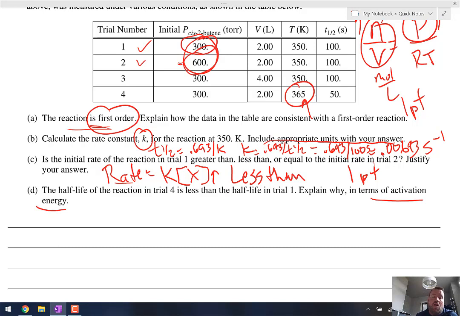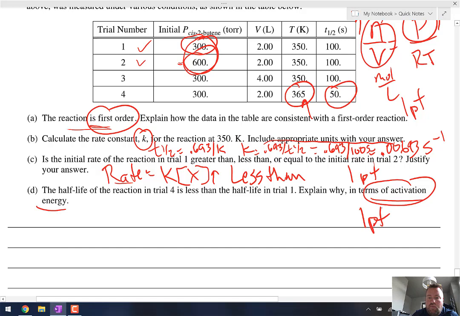And so if more molecules have enough energy to do that, the reaction is going to go faster, which means the half-life is going to decrease. Okay, so it's all about at a higher temperature, more molecules have enough energy to overcome the activation energy barrier. That's a 1-point response. So there's your 4 points for that.